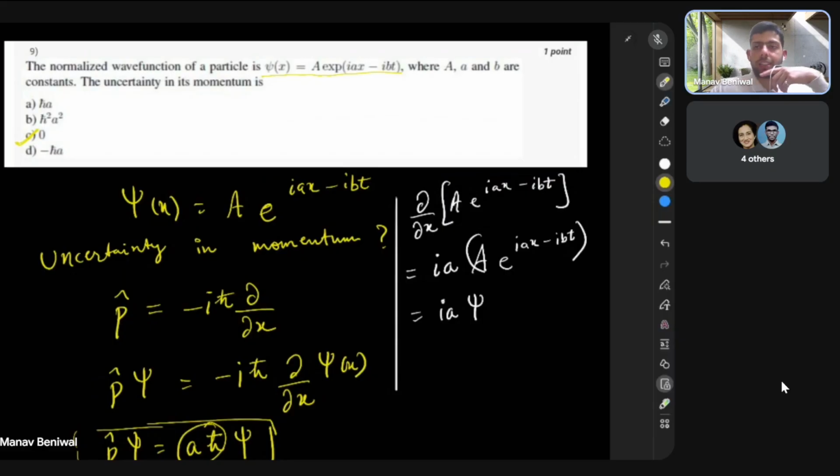But for this wave function that is given to us, there is no mention about the system it comes from, and this wave function is designed in such a way that when you apply the momentum operator on it, you get an eigenvalue and the same wave function, essentially making it an eigenfunction of the momentum operator. And when you have an eigenfunction of momentum operator or any operator, then the uncertainty in that operator is 0. So here it was momentum, so uncertainty in momentum is 0.